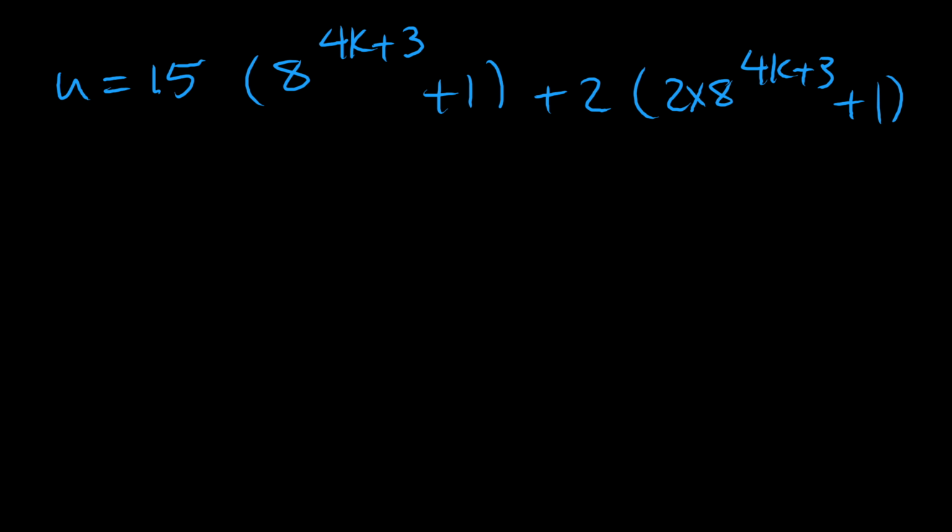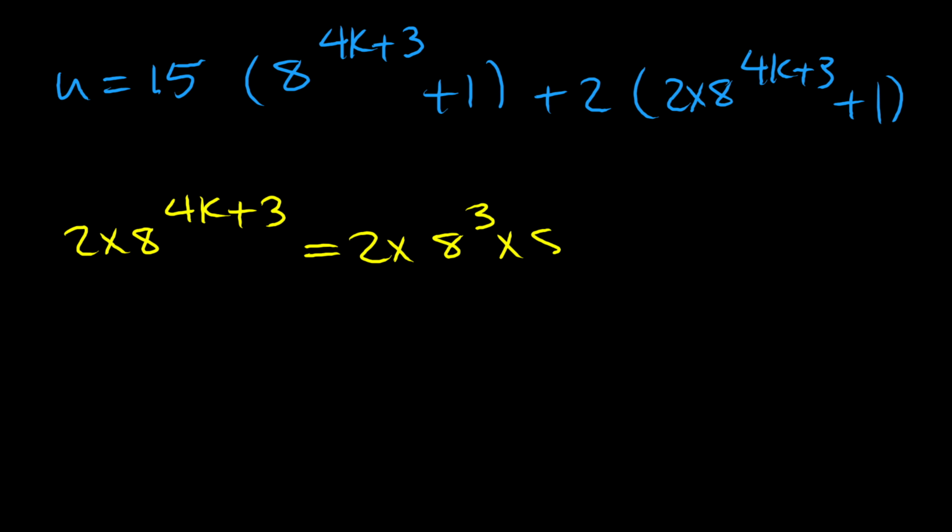Now, let's go ahead and talk about this number, 2 times 8 to the power of 4k plus 3. So 2 times 8 to the power of 4k plus 3 is equal to 2 times 8 to the power of 3 times 8 to the power of 4k. Notice that 8 to the power of 3 is 512.